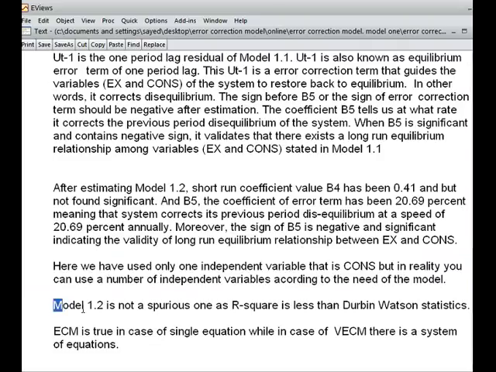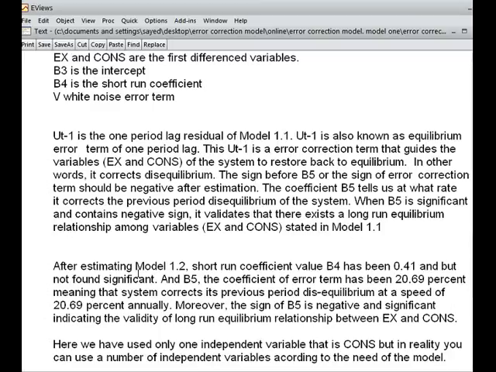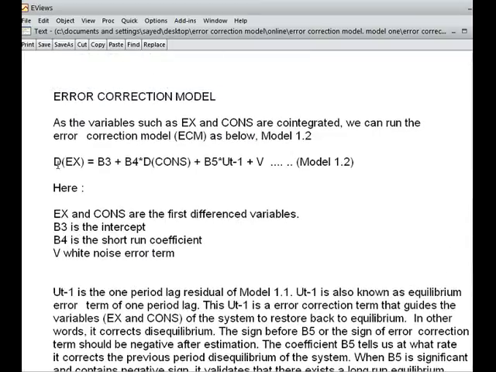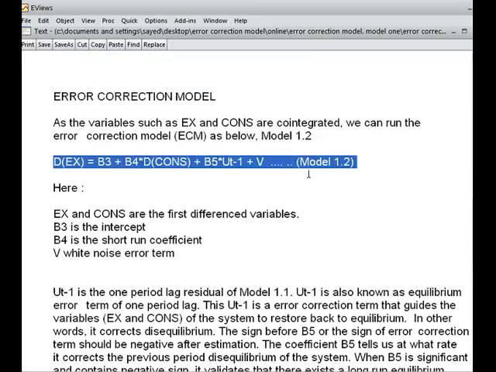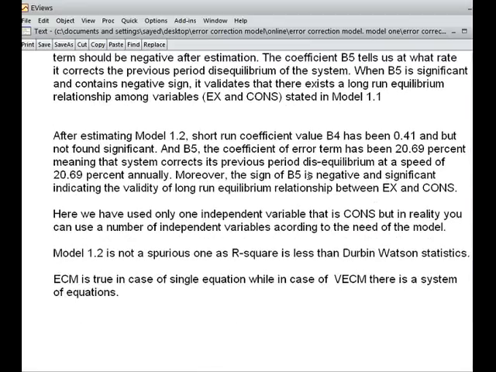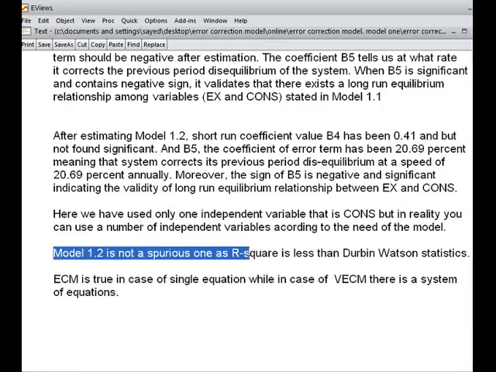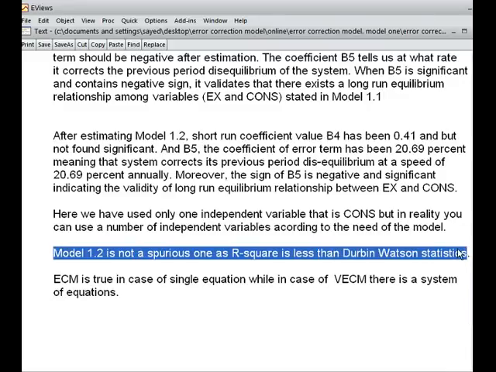Model 1.2, after estimating, is not a spurious model because R square is less than the Durbin-Watson statistic.